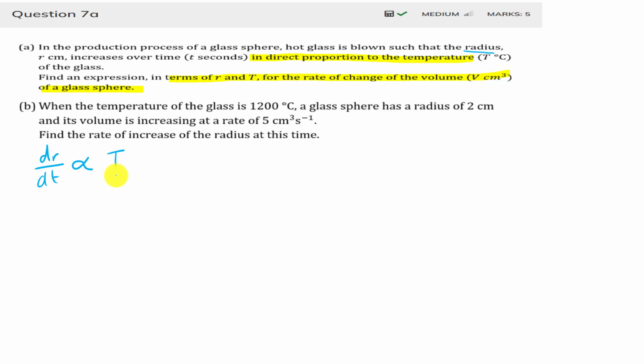So can you remember we have that constant of proportion? So dR/dt, remember it was like y, but we've changed it to dR/dt because it says rate, equals kT. Yeah? And k is a constant of the direct proportion.